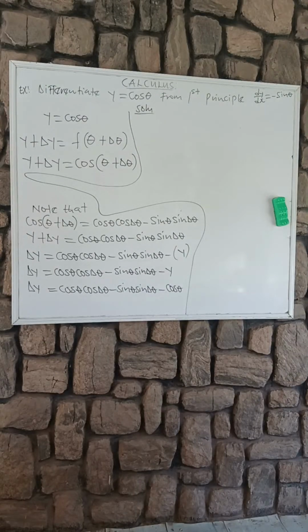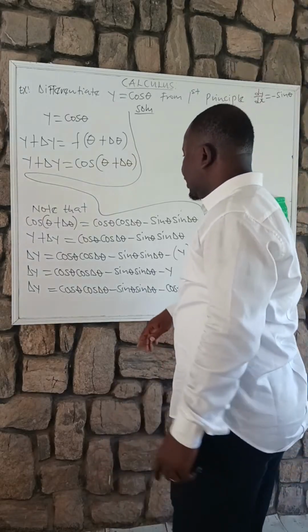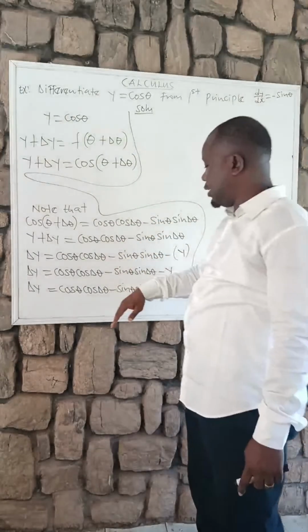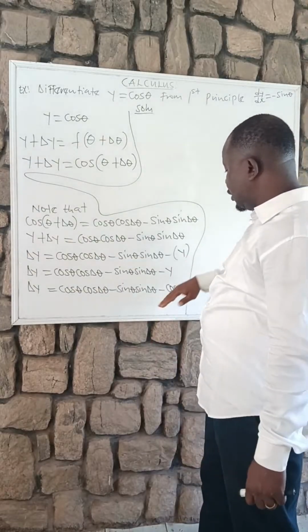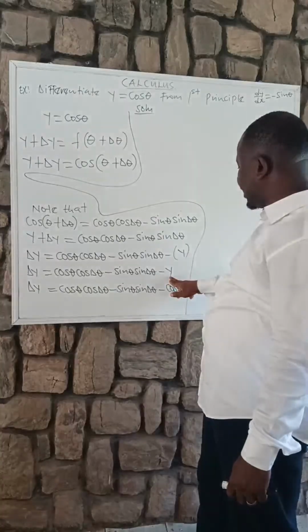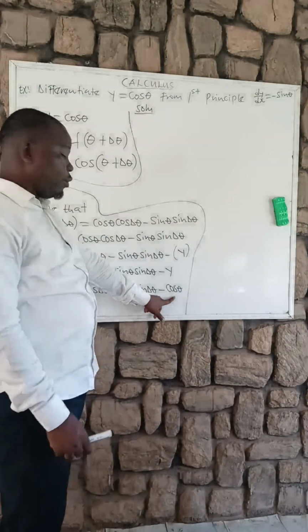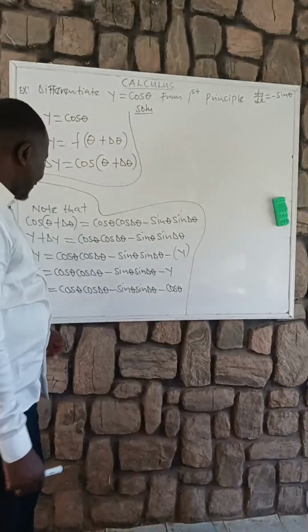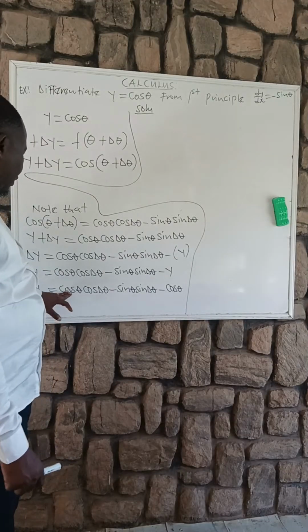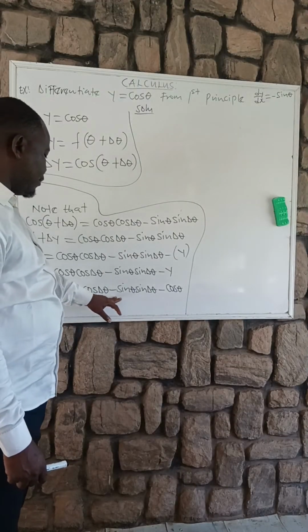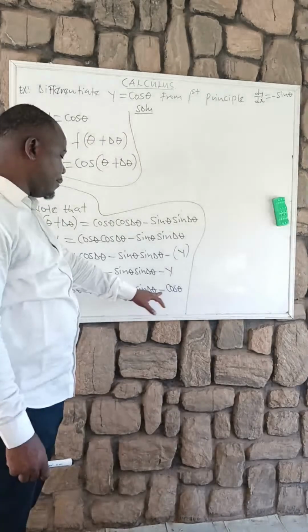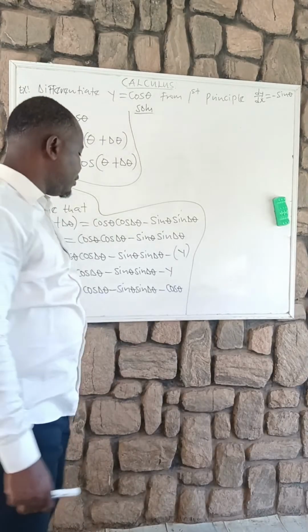So if you can see what I am seeing, both in the spirit and physical, mathematically, you don't need a prophet to tell you. So instead of y, we replace y with cos theta. Then here, we have dy equal to cos theta cos d theta minus sin theta sin d theta, minus cos theta, amen.